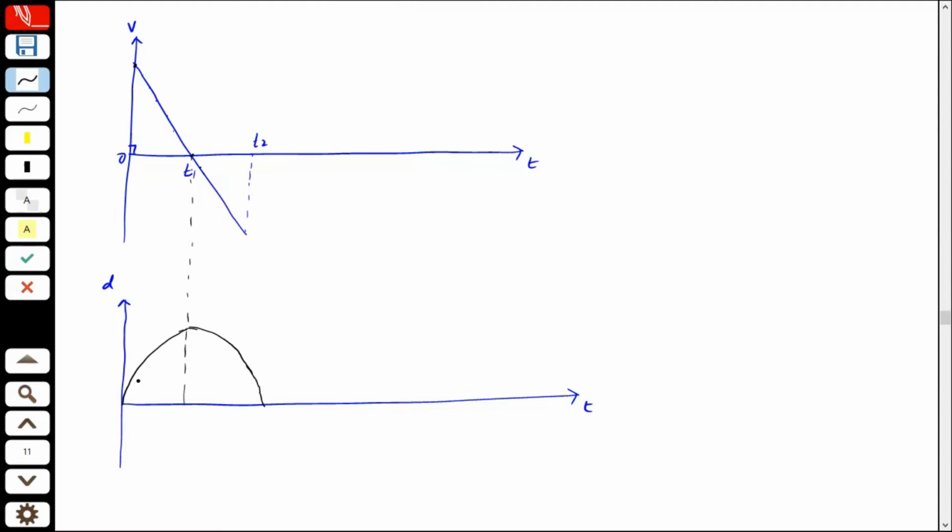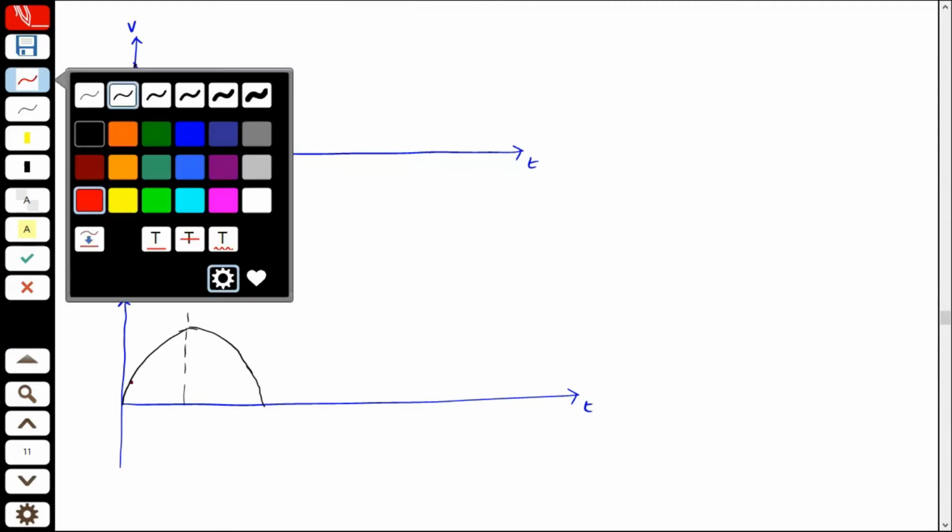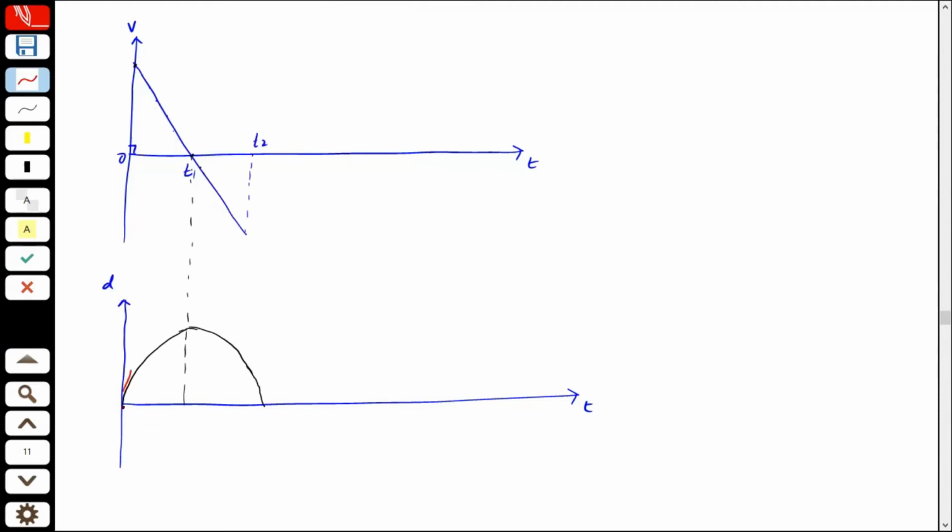By reverse engineering, you can see that at this point the gradient is maximum, then the gradient is decreasing, and it becomes 0 over here as the velocity is 0. Then the gradient is negative as velocity is negative, and the speed of the object is increasing, so the gradient should increase and be maximum at this point.